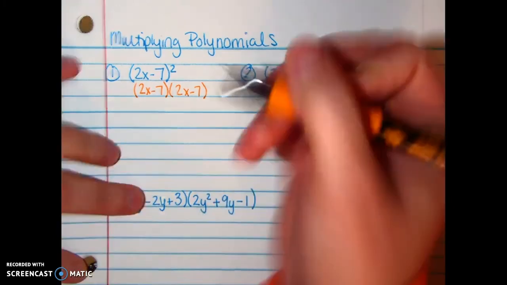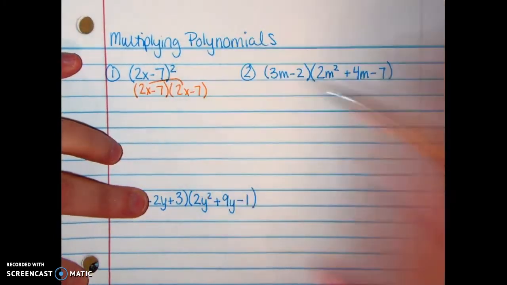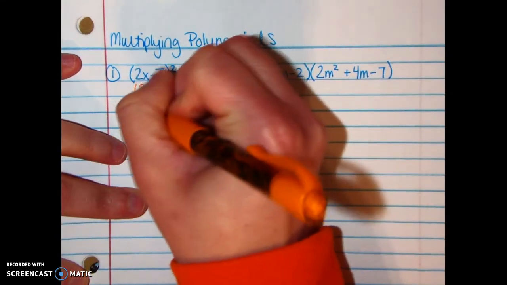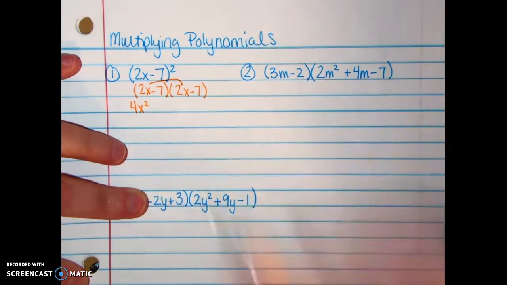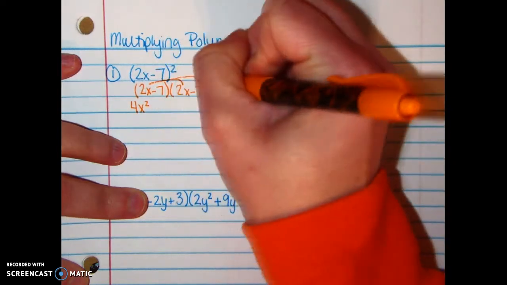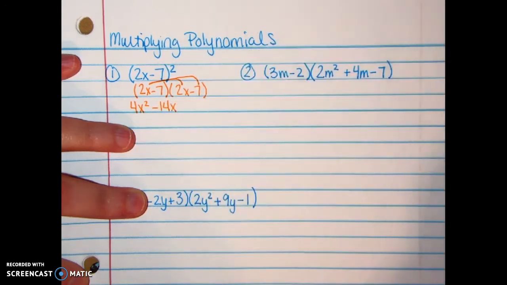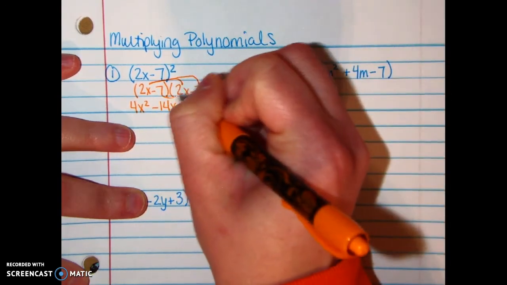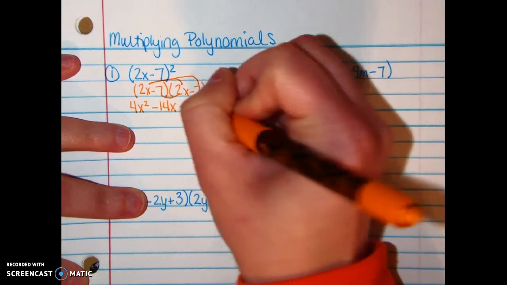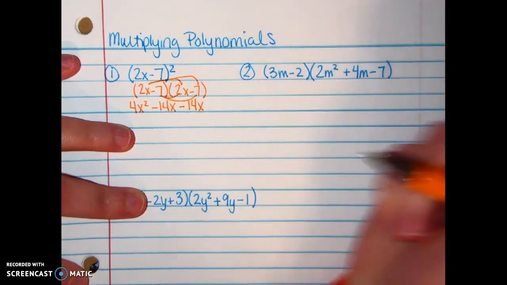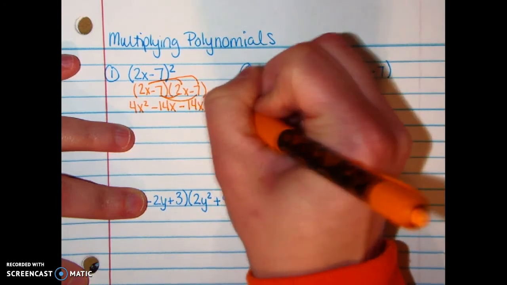Okay, and then you multiply 2x times 2x, and that is 4x squared. 2x times that negative 7 is negative 14x. And here, negative 7 times 2x is negative 14x. And then negative 7 times negative 7 is a positive 49.